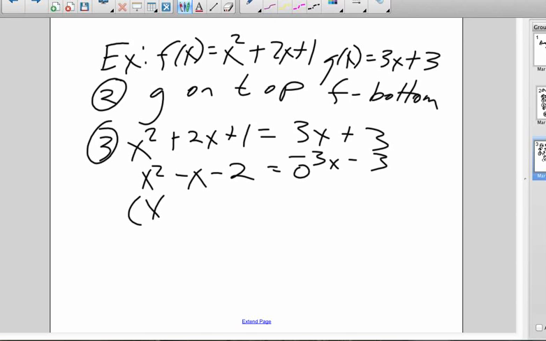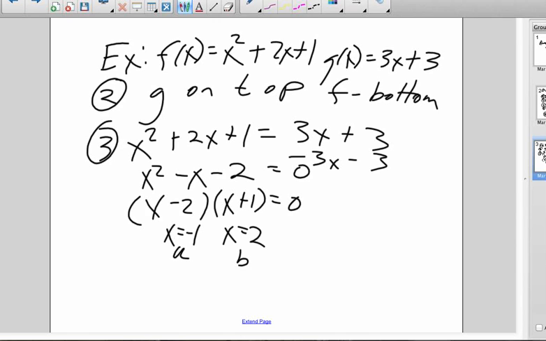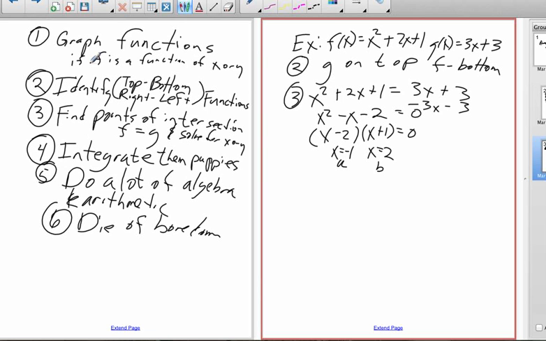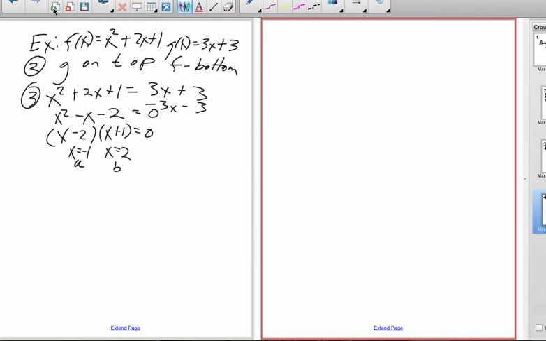This factors to x minus 2, x plus 1, or x equals negative 1, that is my A, and x equals 2 is my B. So we've got steps 1 through 3. Now we go on to step number 4, which is integrating them puppies.